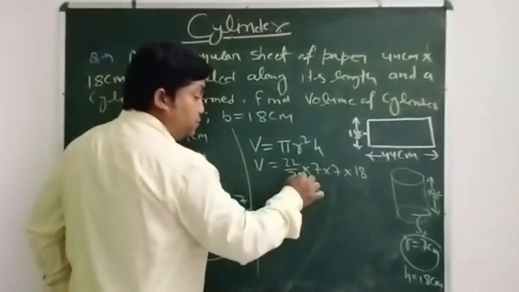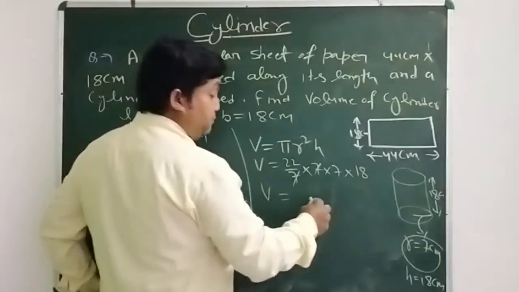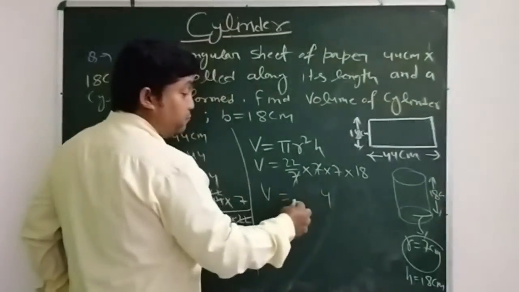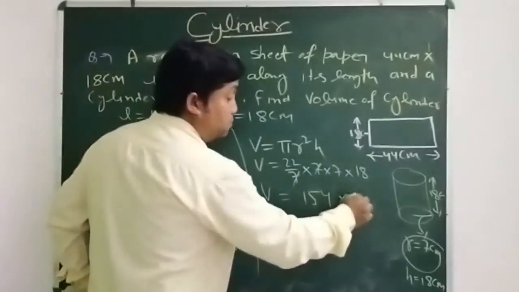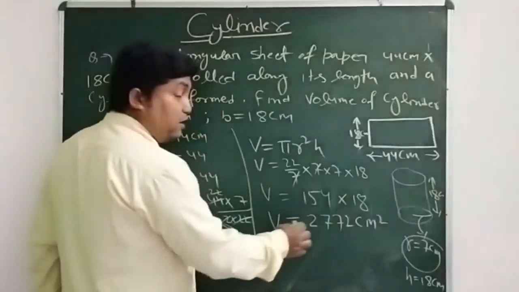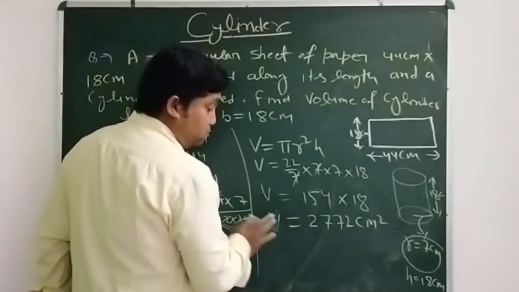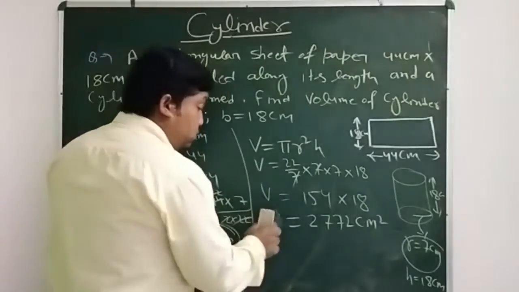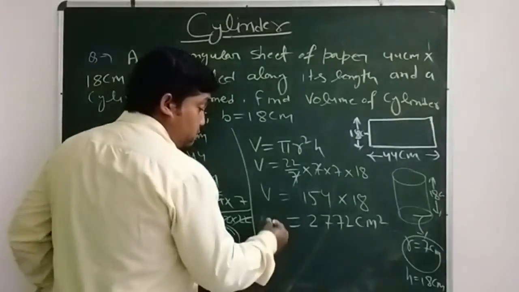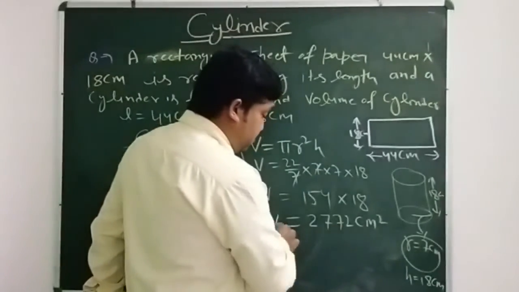When you cancel the 7s, then you get V is equal to 22 into 7, that is 154, into 18. When you multiply 154 into 18, then you get the value 2772 centimeter cube.